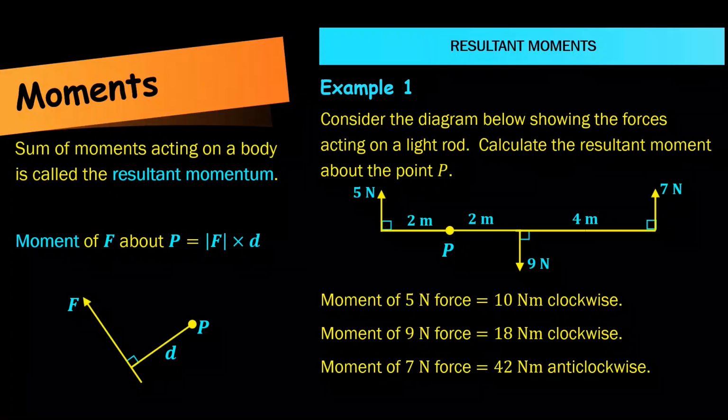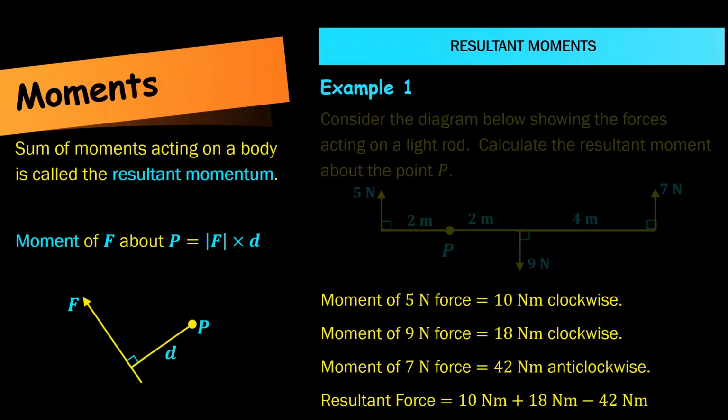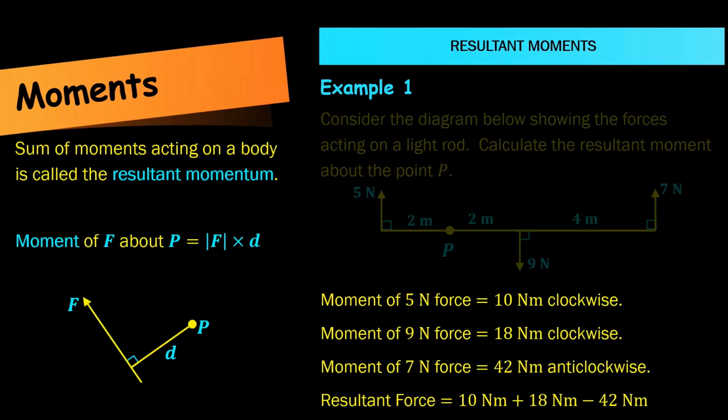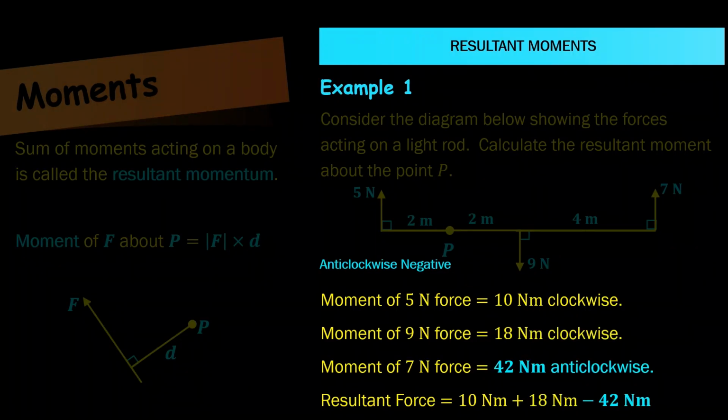Here's a summary of our results. If we take the clockwise direction to be positive, we have that the resultant moment is equal to 10 Newton meters plus 18 Newton meters minus 42 Newton meters, because this force is acting anti-clockwise.